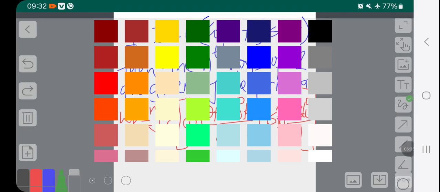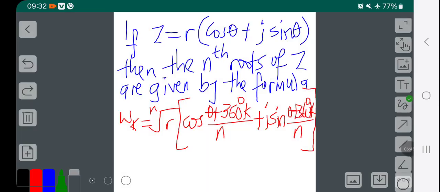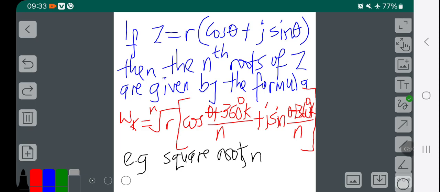For example, if they ask you to find the square root, you know that your n will be equal to 2.